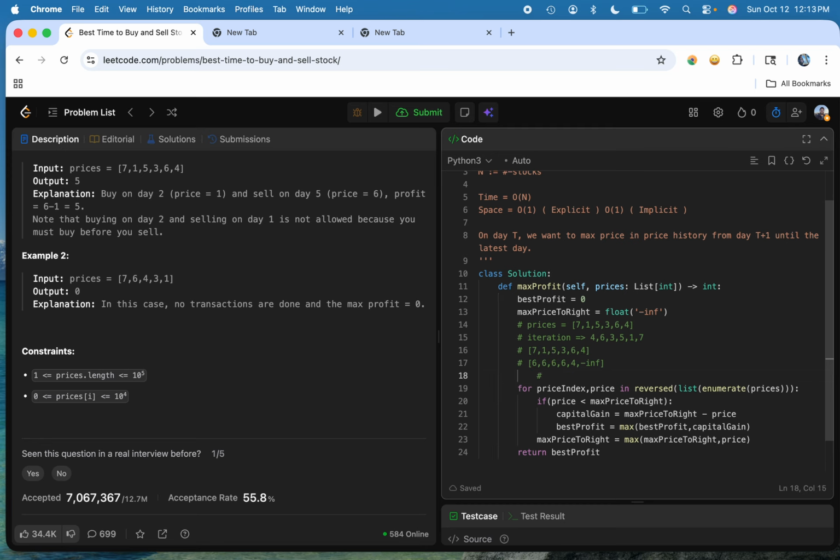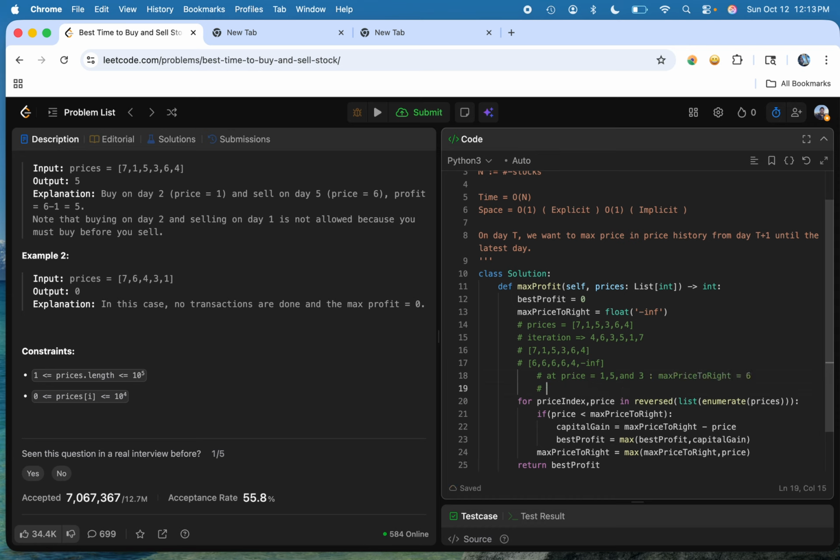So the 3 locations are at price equal to 1, 5, and 3, where the max price to the right is equal to 6. In each case, the corresponding capital gain is equal to 5, 1, and 3, where the best profit among 5, 3, and 1 evaluates to 5.